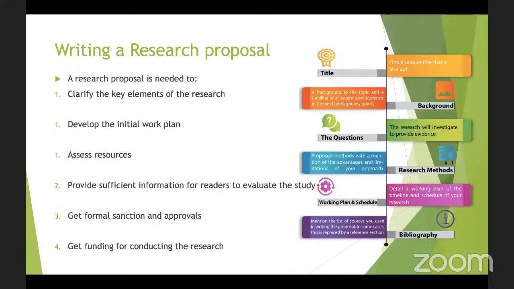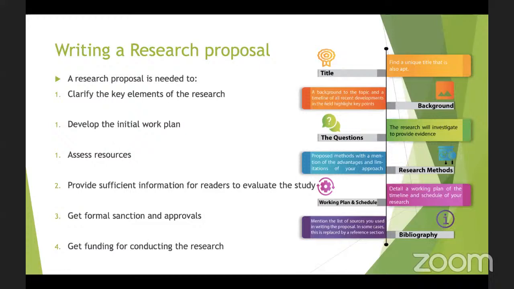Now, this research proposal also helps these readers, or maybe your professors, or the funding agency to decide the merit of the study. And it also helps them to evaluate the proposed study. And in case of a funding agency, it also helps them to decide if they can give the sanction or budget and can approve the project.